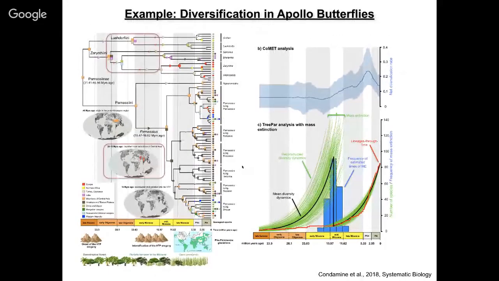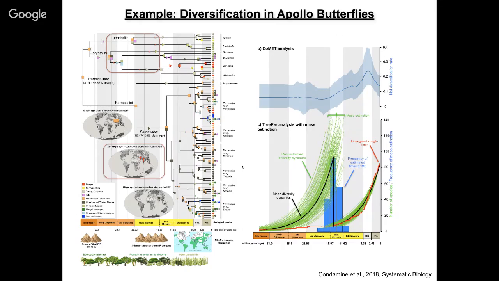So one of the examples that I've been involved in was looking at these Apollo butterflies. On the left side, we see the molecular phylogenies of these butterflies. And at the bottom of that figure, we can also see the paleontological timescale, and how the high Tibetan plateau has changed over this time.